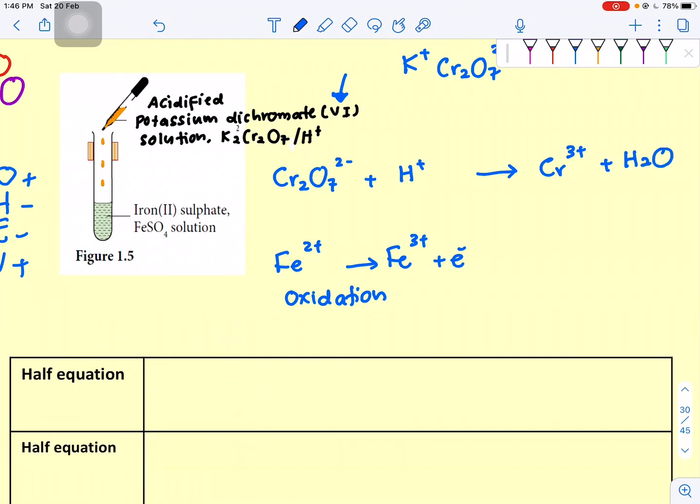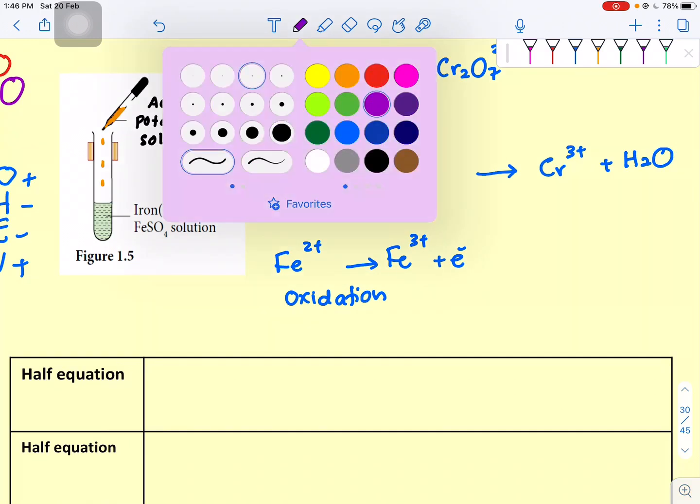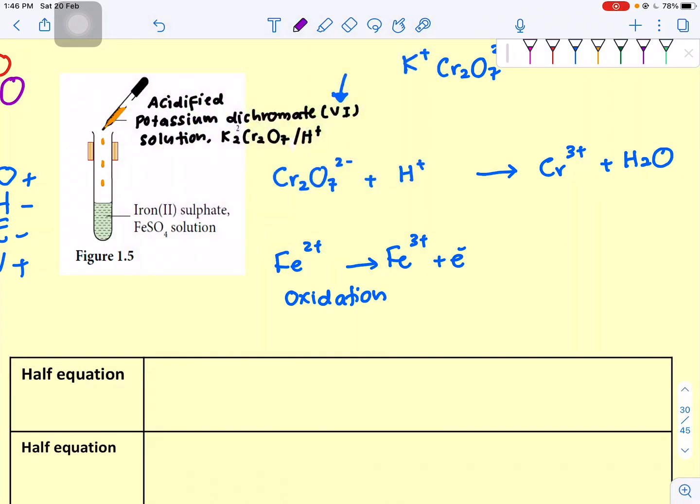So now it's time untuk balance the equation. Cr on the left kita ada 2, balancekan Cr, put 2 in front. O kita ada 7, belah kanan kita ada 1, letak 7 H2O. H, belah kanan kita ada 14, belah kiri ada 1, letak 14H. Now all the elements is balanced.